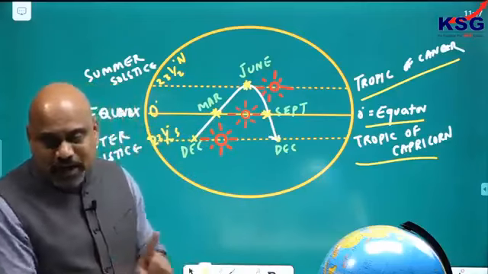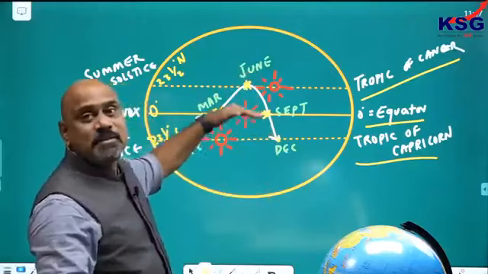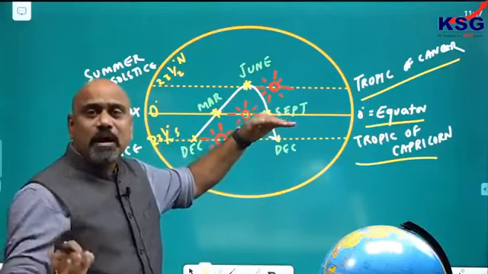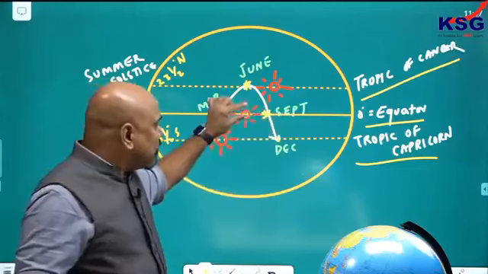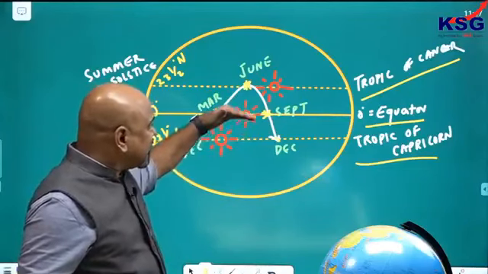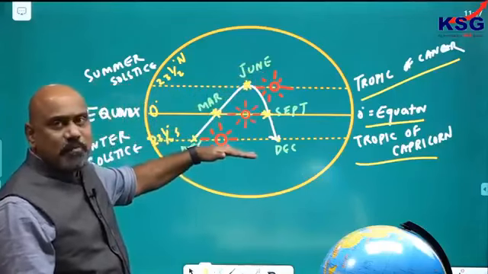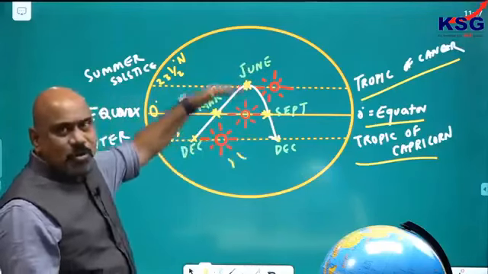One of your friends asked me about ITCZ. ITCZ shifts with this. ITCZ is the intertropical convergence zone. It is a low pressure condition because of high temperature here. This zone shifts from the equator towards north up to Tropic of Cancer and towards south up to Tropic of Capricorn. ITCZ shifts up and down.